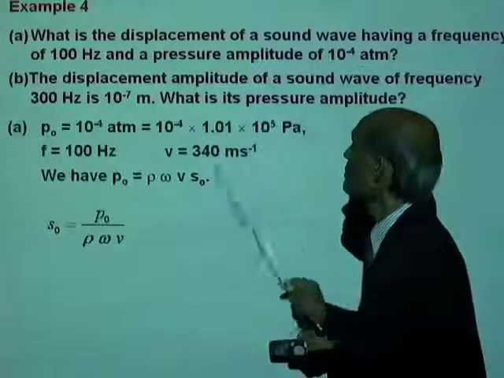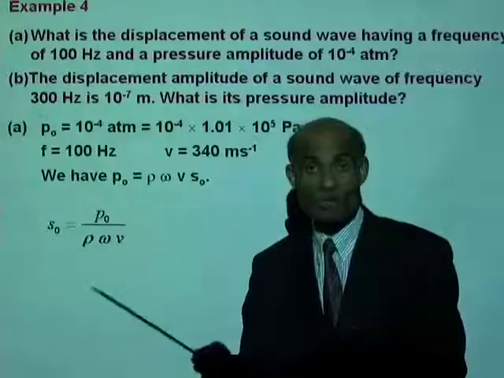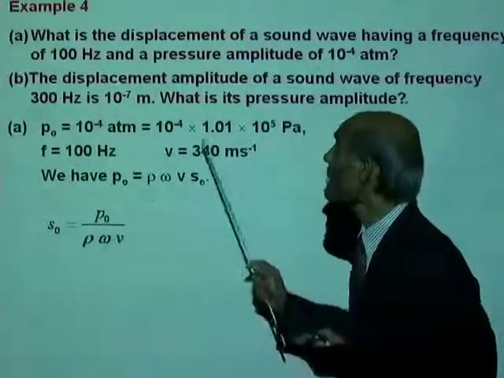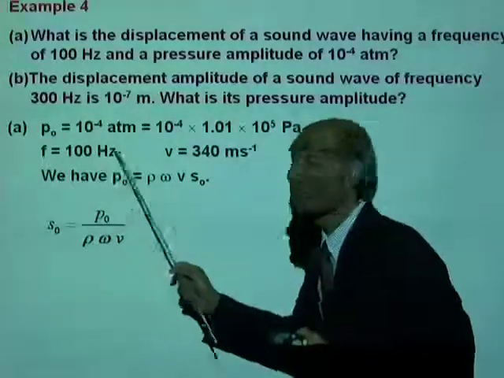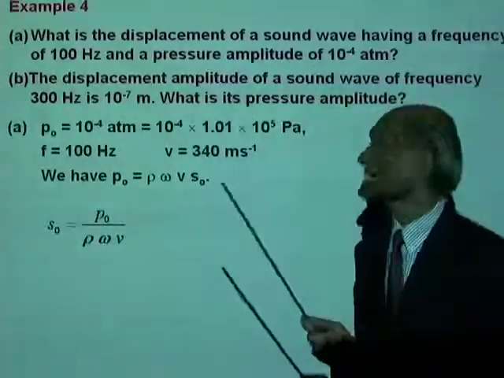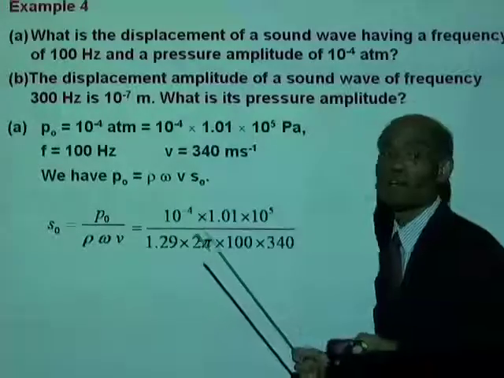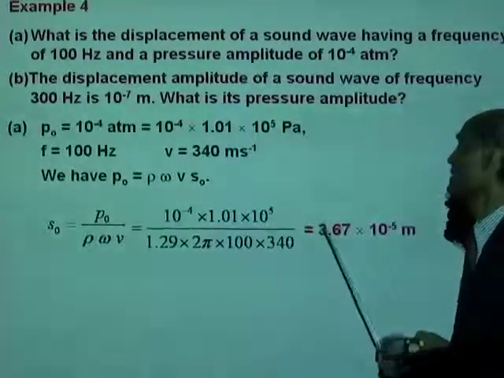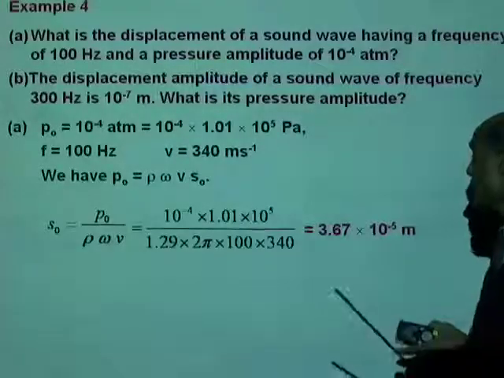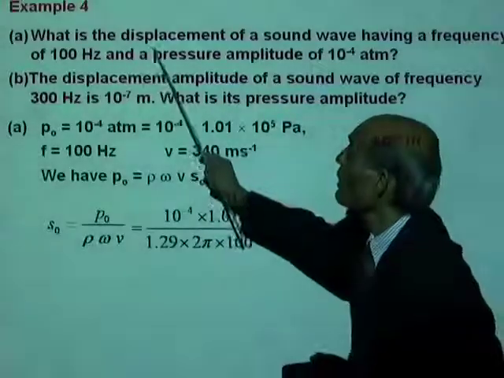Rho, the density of air, you remember I gave it to you, 1.29 kilogram per meter cube. Omega is 2 pi f, where f is given to us. V, the speed, is 340 meter per second. So put all those values and calculate S0, it gives me 3.67 times 10 to the negative 5 meter. And that is the displacement amplitude of this wave.